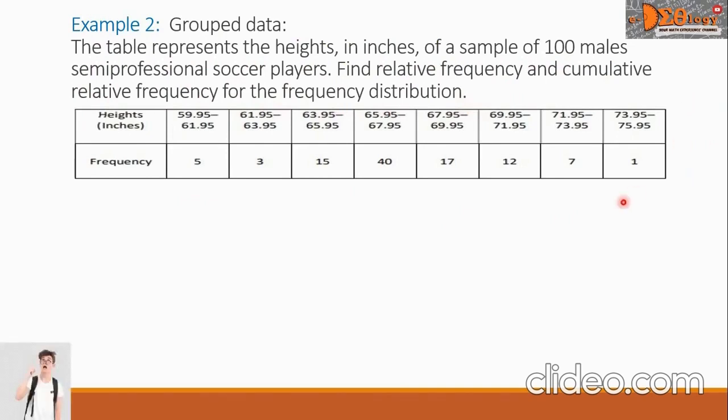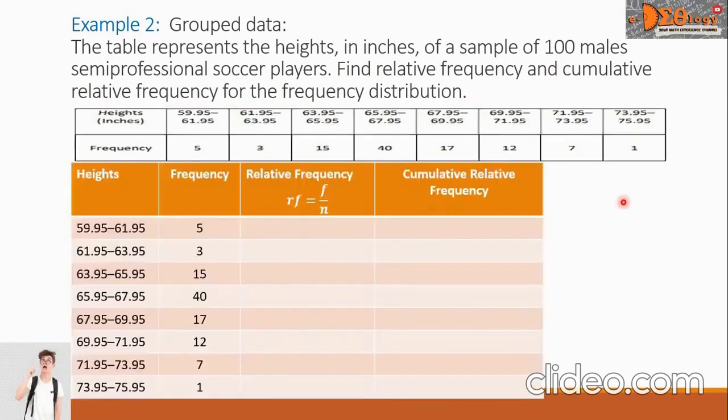Now, let us write our step 1. For our table here, we are going to write 4 columns. In our first column, the heights are there, and we can see the classes. The frequency is here on the second column, and it is already given.